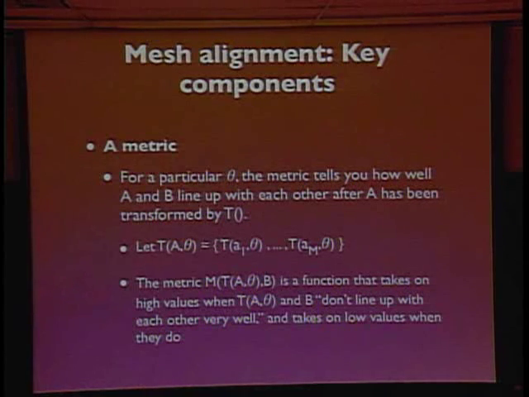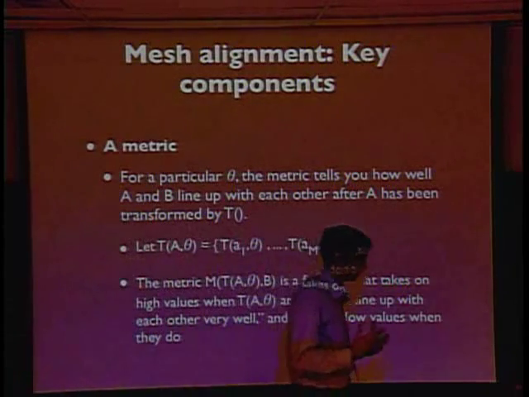So for example, you might want to have a function that gives you a very, very low value if you do nail that geometric transformation and get it perfect. Meanwhile, if you get the geometric transformation perfectly wrong so that they're totally not aligned with each other, you might want the value of that function to be large. That's what the metric does for you.